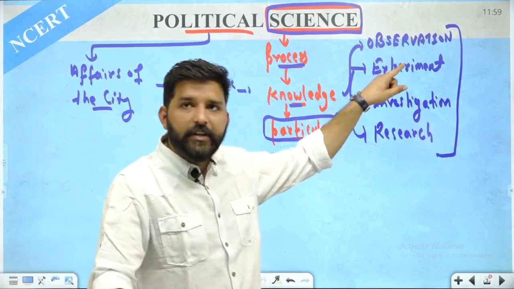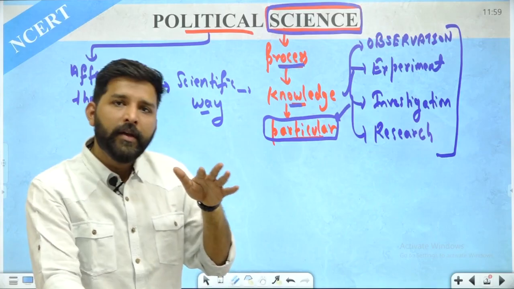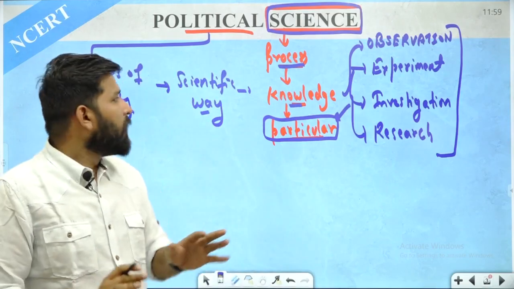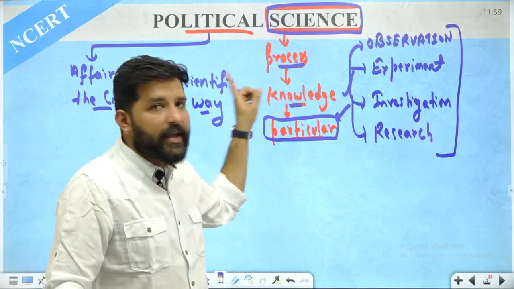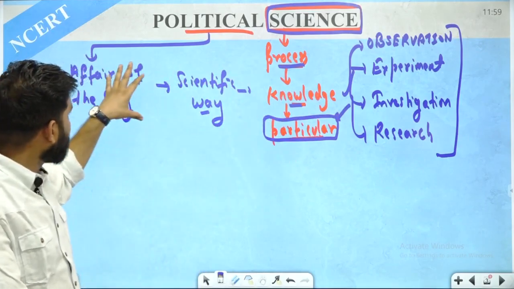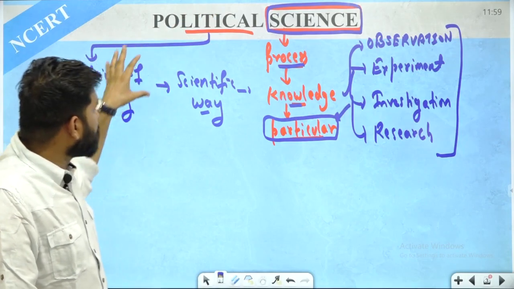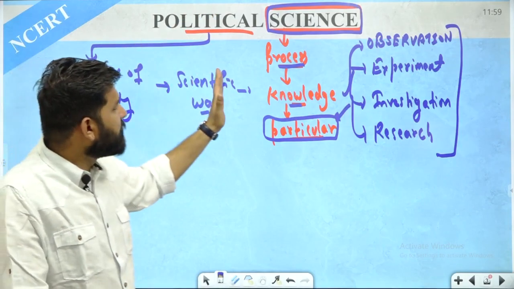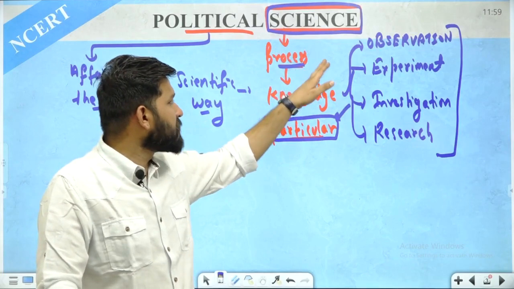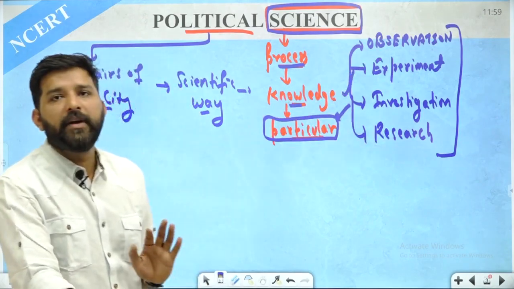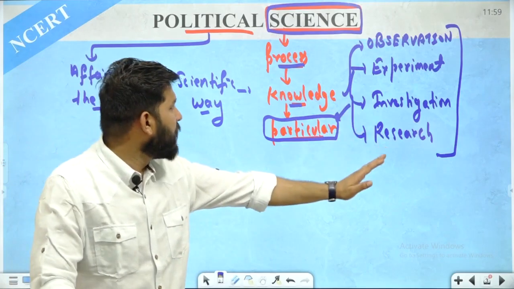Observations, including experiments, investigation, and research to come to a conclusion, then we call it political science. Therefore, the word political means the affairs of the city, and when we study the political problems or the affairs of the city in a scientific way, by the process of gaining knowledge in a particular field by observation, experiment, investigation, and research, then we include it in political science.